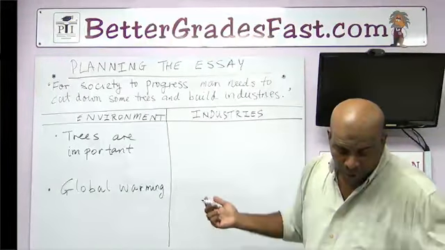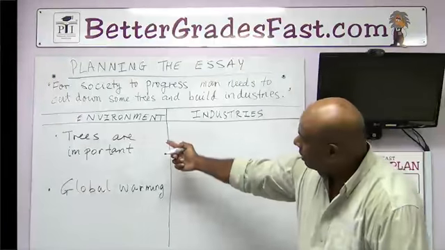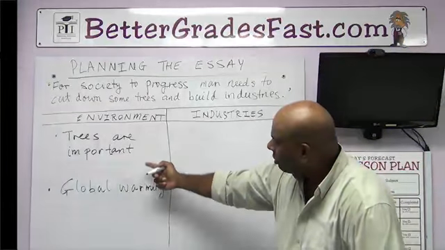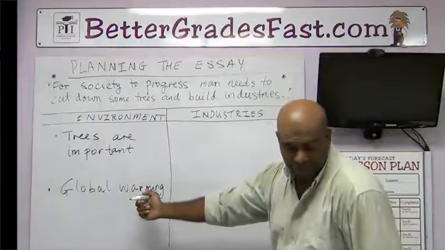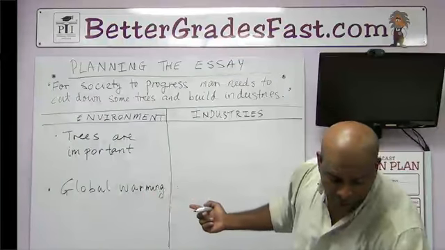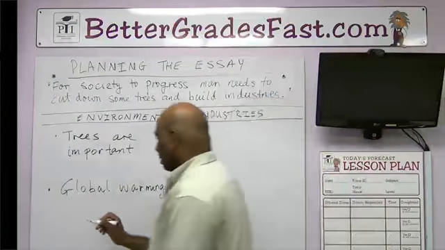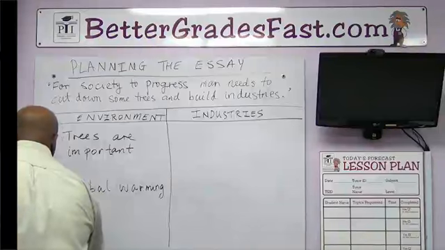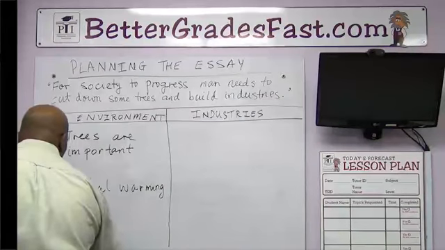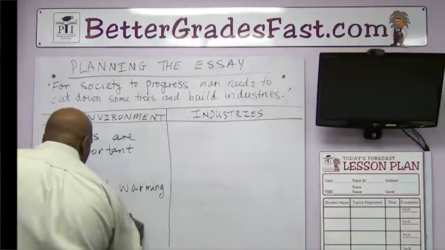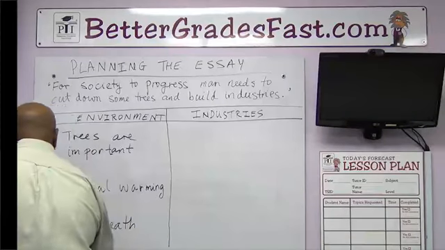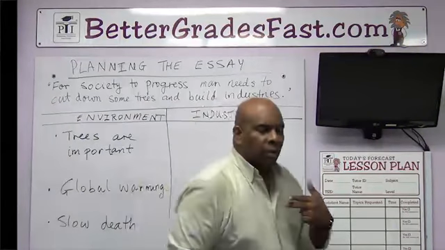Why do we need to keep our environment? Okay? Well, apart from trees being important and apart from the chaos that can happen if we don't have our environment, well, we can have a slow death because we are killing ourselves.